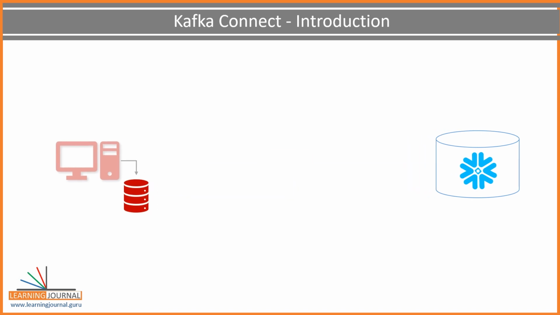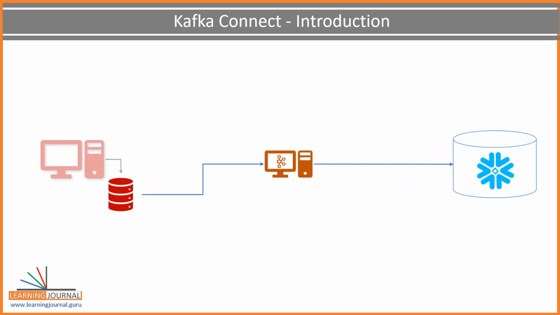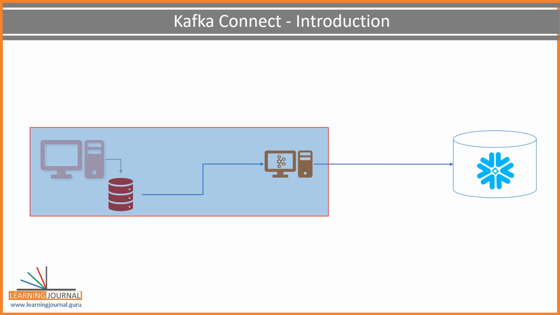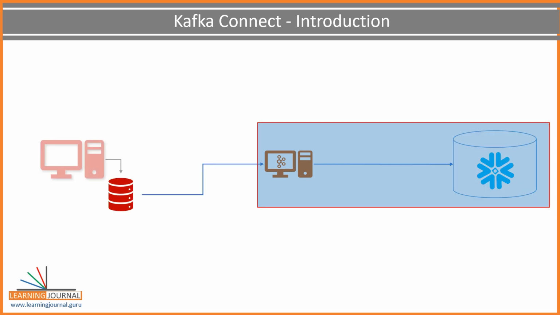You decided to use Kafka as a broker. Why? Because Kafka will keep your data integration simple. Bringing data from your invoicing system to the Kafka broker is a one-time activity. Once it is in the Kafka cluster, you can bring it to the Snowflake.